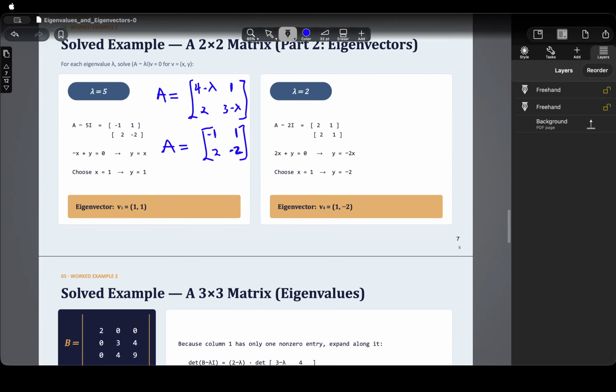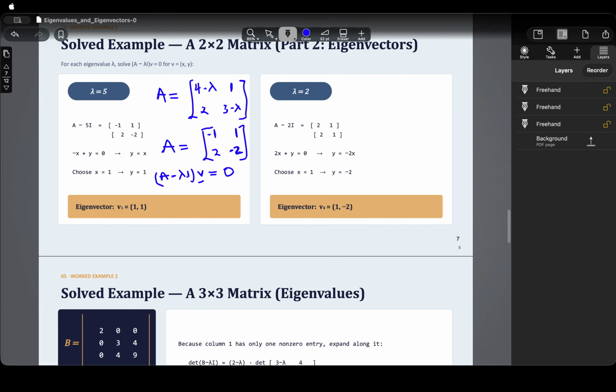So you want to write A minus lambda I V equal to 0. So your interest now is finding the values of this actually.